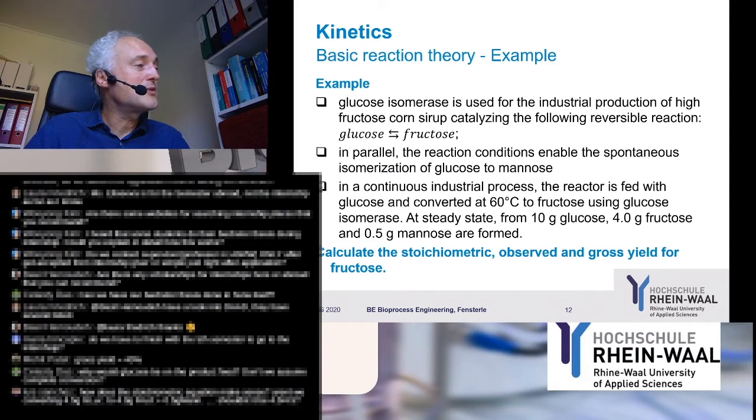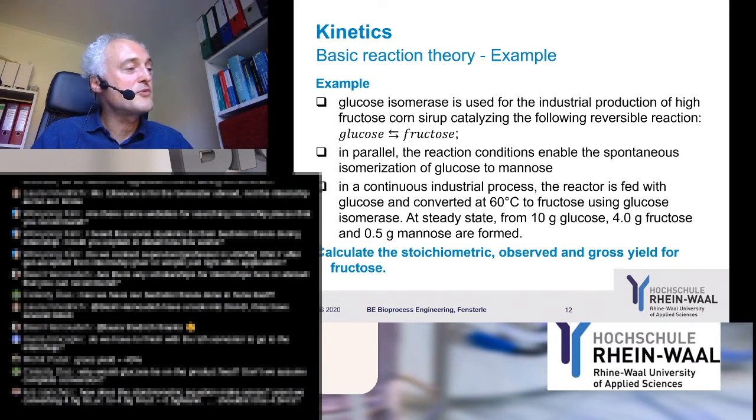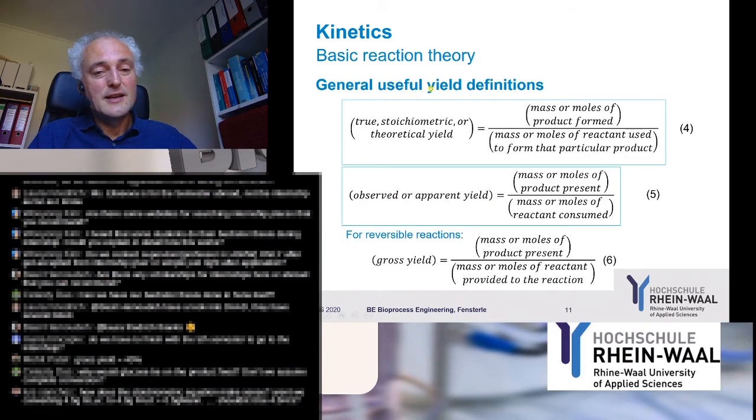How does the stoichiometric equation make sense? Aren't we converting 4.5 grams glucose to 4 grams fructose plus 0.5 grams mannose? Yes, but what we calculate is the true stoichiometric yields. So we always are interested in glucose. This is our product. So in reality, you wouldn't even know that you generate mannose. This might be a whatever side reaction.